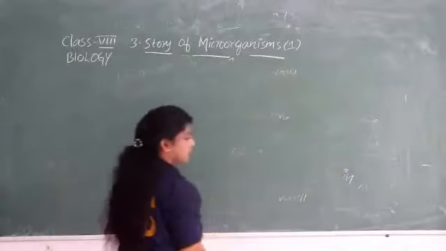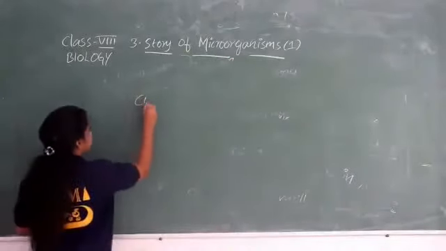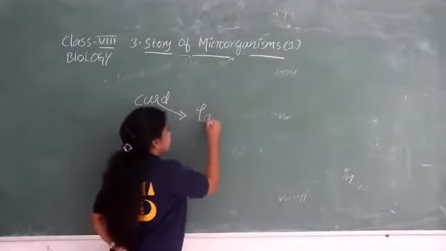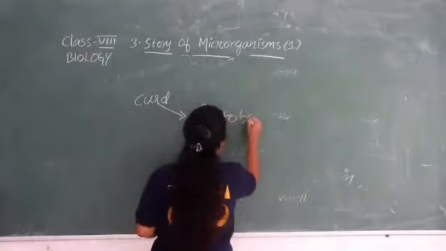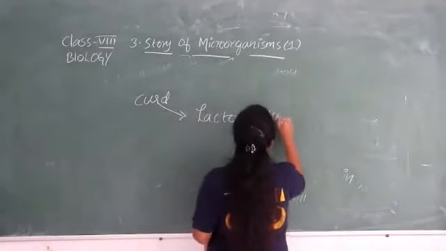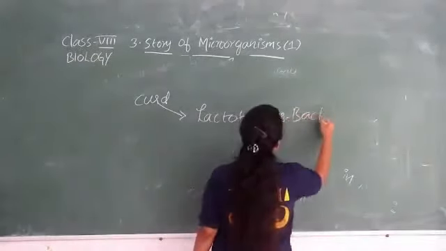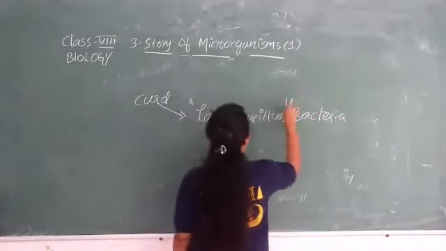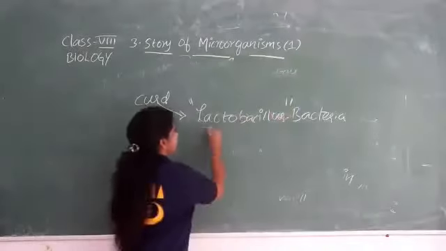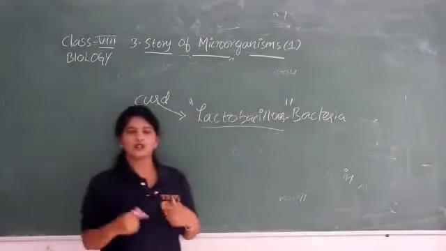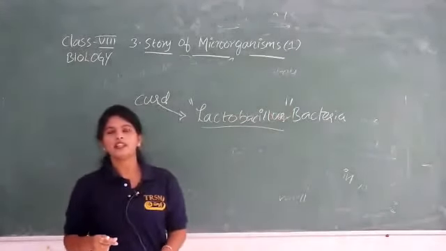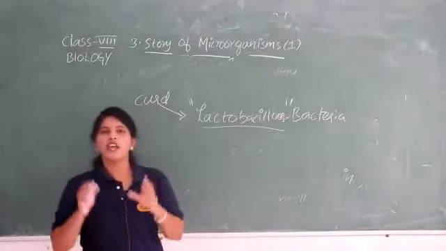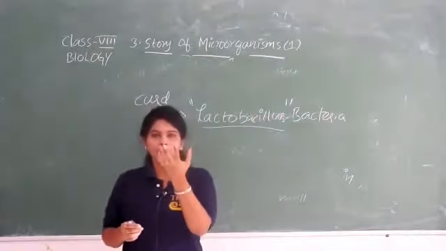So how is the curd formed? Curd is a composition of lactobacillus bacteria. This lactobacillus bacteria increases in number, multiplies and undergoes division.